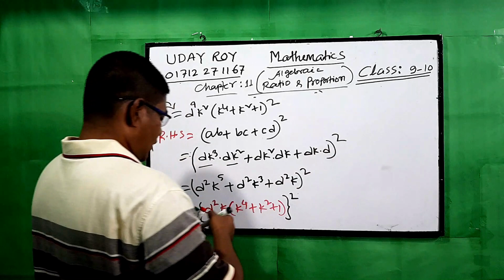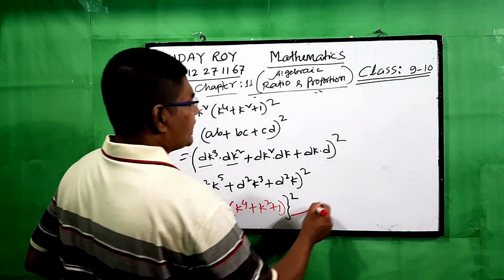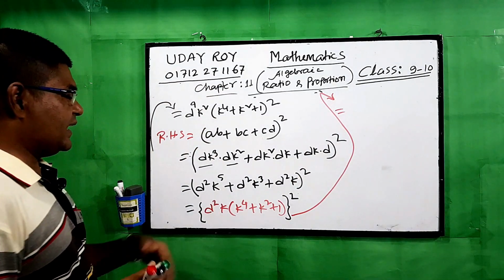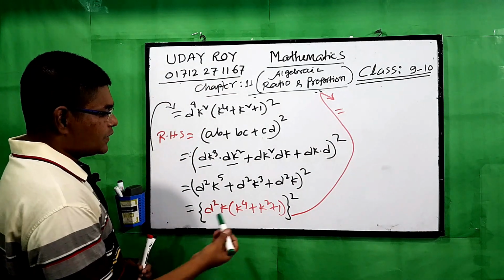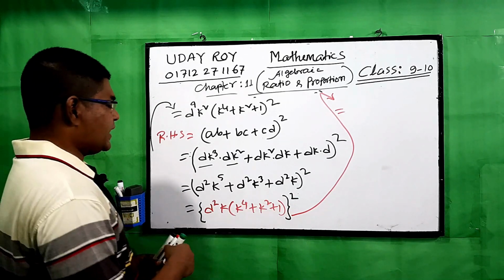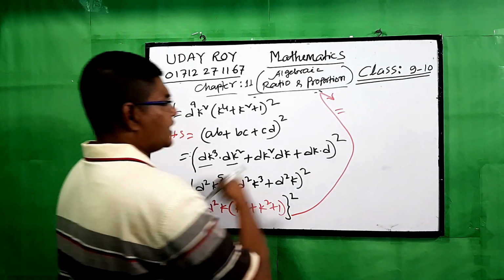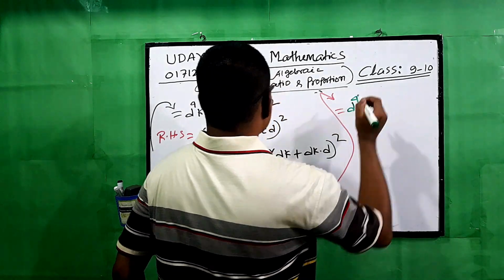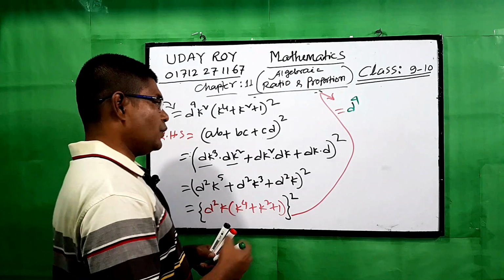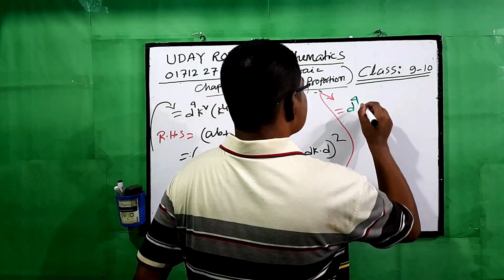Okay. Now come back here, to the ending position of this maths. Here is a square, here is d square. So we can write d square into the square, we can write d4. Here is k, but here is a square, so we can write k square.